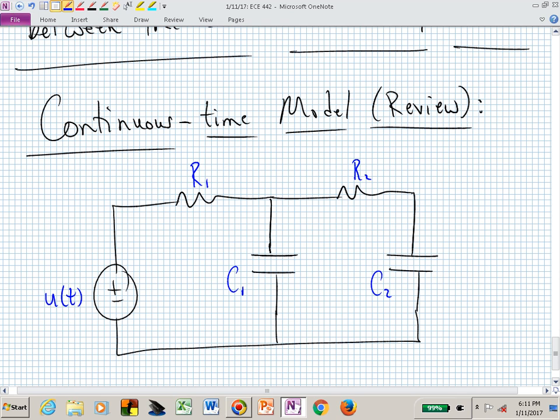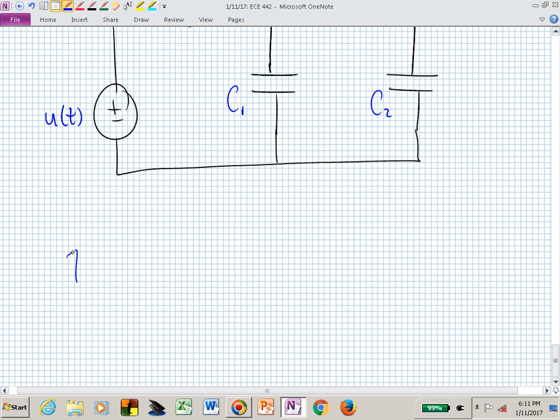ICE was telling us I is equal to C dV/dt. The variable that's being differentiated is the voltage. That's maybe the one we want to focus on when we have capacitors.